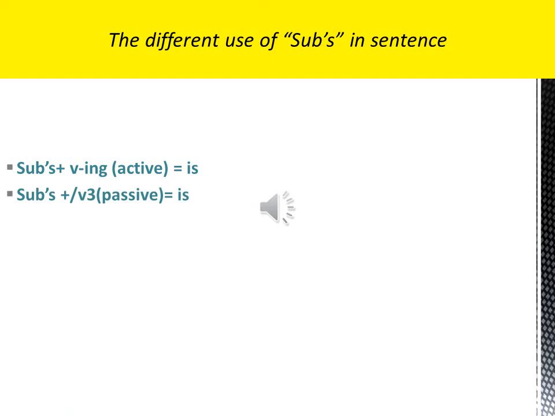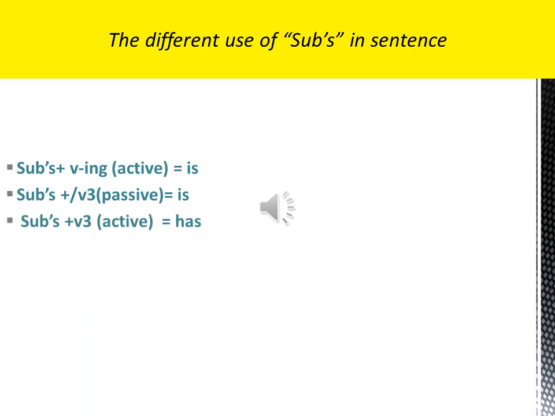And if there is given subject plus apostrophe s plus V3, we should understand it is in passive form. So apostrophe s means is here.